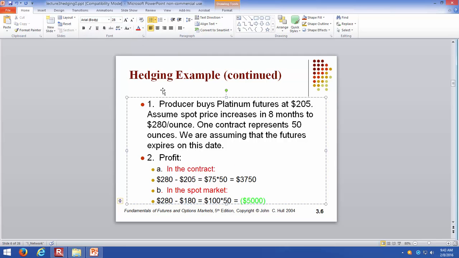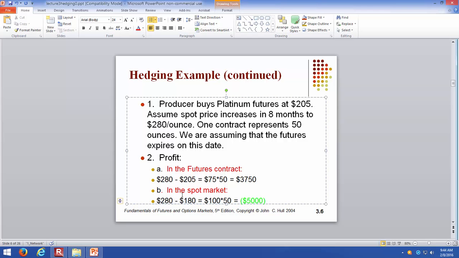If you look at the futures market, or the futures contract, what we are going to assume here is that you basically had the right to buy platinum at 205, and at the end we are assuming that the spot price increases to 280, so the futures price is also going to be 280. So your profit in the futures market is 3,750, or it is $75 per ounce.